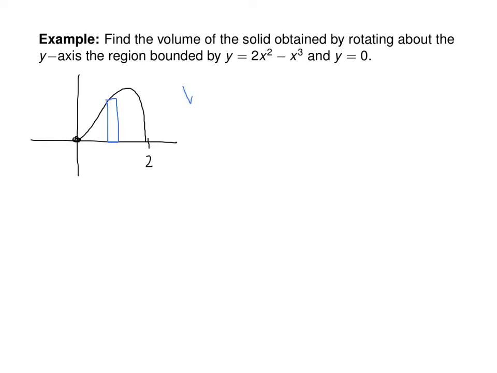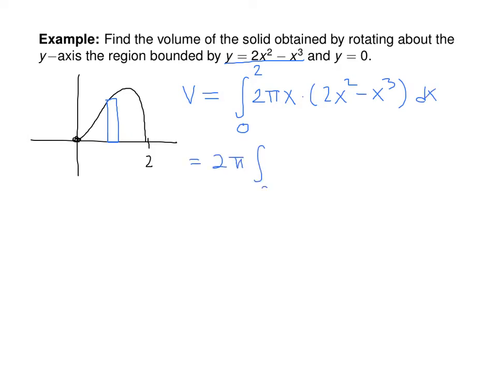I'll find my volume by integrating from a to b, so 0 to 2. The circumference will be 2 pi x. The height is given by the equation of the curve, 2x squared minus x cubed, and the thickness is dx. And that's actually quite easy.